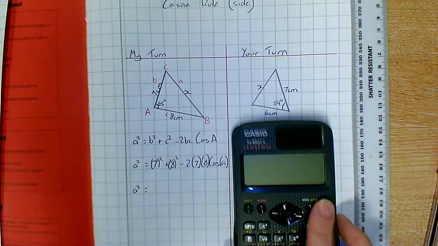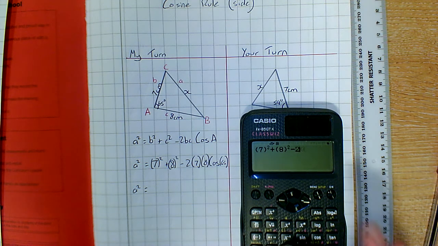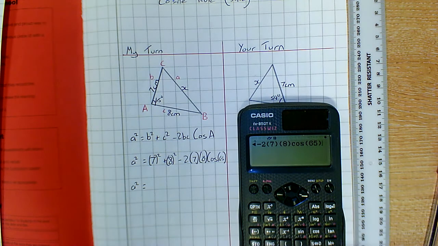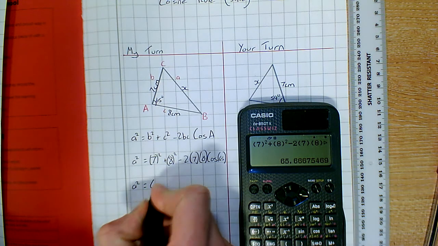So I put that into my calculator. So 7 squared plus 8 squared minus 2 times 7 times 8 cos 65, and then remember to close the bracket at the end. Okay, so a squared gives me a value of 65.67.